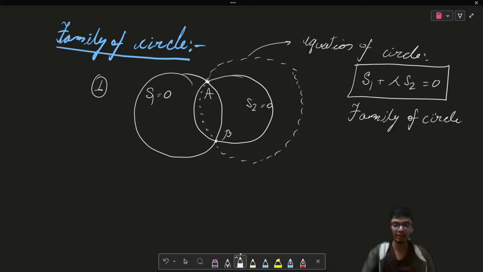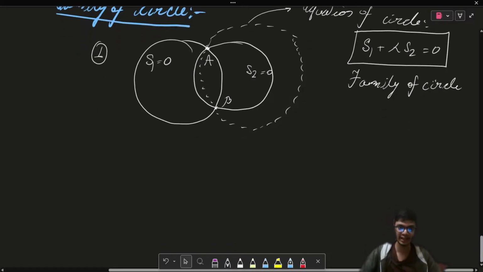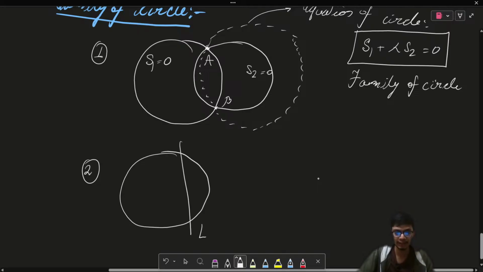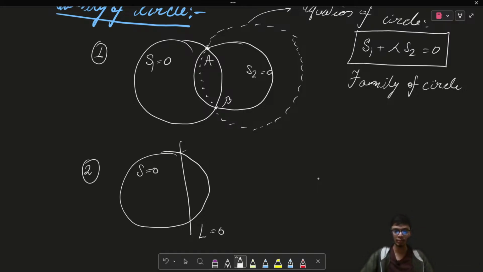In a similar manner, we can also have another variation, where instead of the intersection of two circles, we have one circle and one straight line, where the line equation is given as L equals 0 and the circle equation is given as S equals 0. In this case also, by passing through the points of intersection of this line and the circle, we can draw another circle, and the equation will be similar to the previous one.